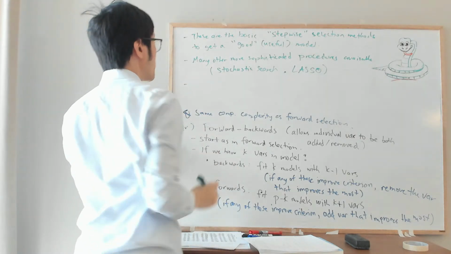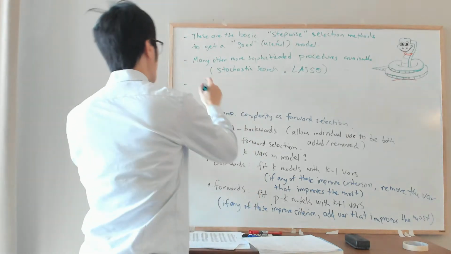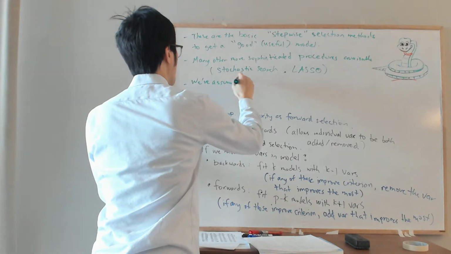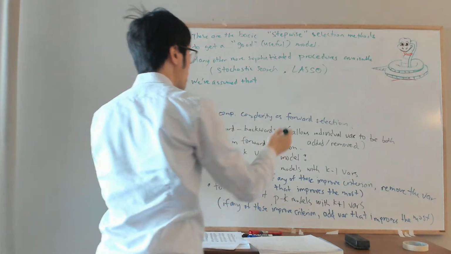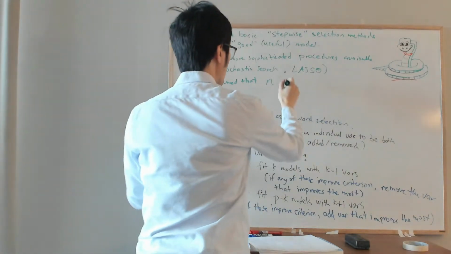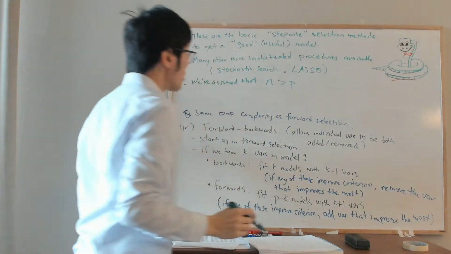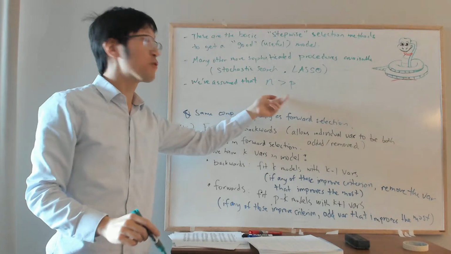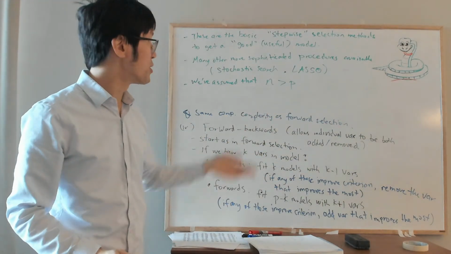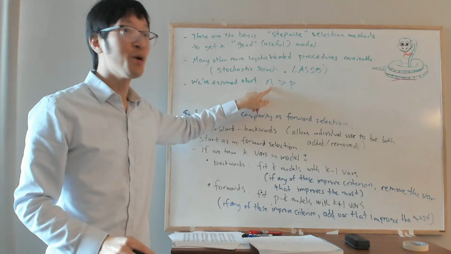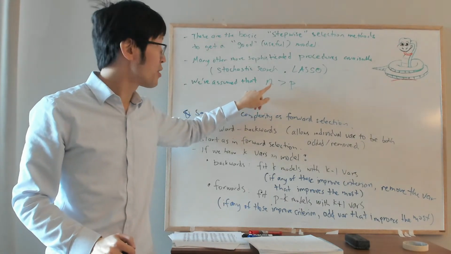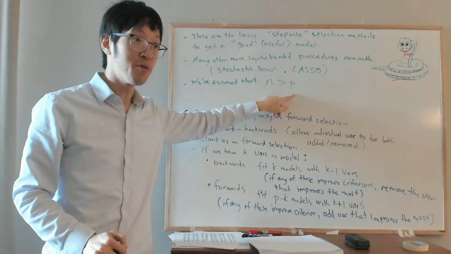Implicitly, what we've been assuming all along here is that the number of observations is larger than the number of predictors. In order to fit any of the regression models we've talked about, we need more observations than predictors.